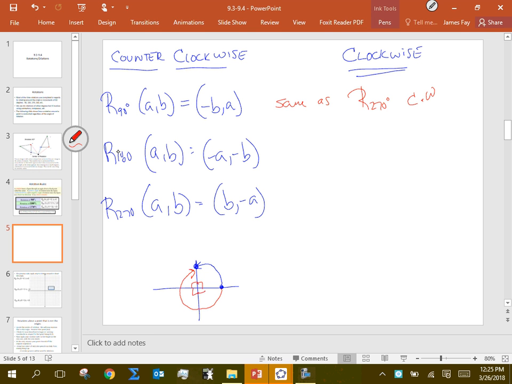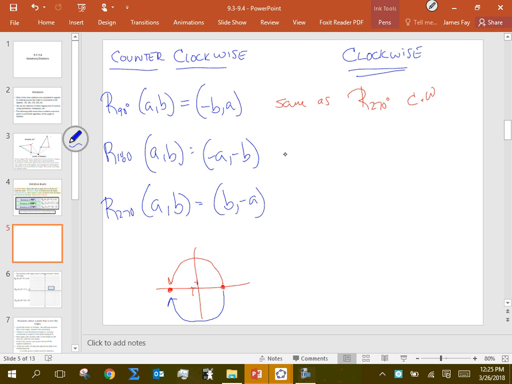A rotation of 180 degrees. Think about this. If I rotate a point, let's say it's on the x-axis again, 180 degrees counterclockwise, how many degrees do I need to rotate clockwise? The same 180, right? So with a 180-degree rotation, it doesn't matter whether you go clockwise or counterclockwise.